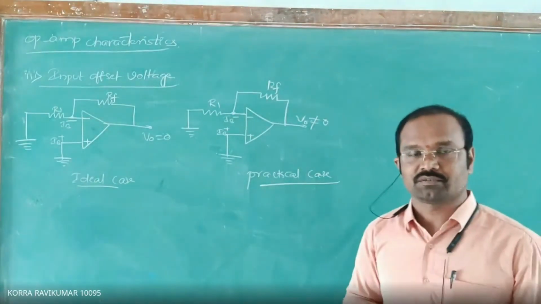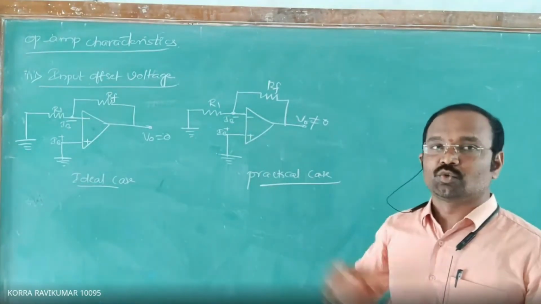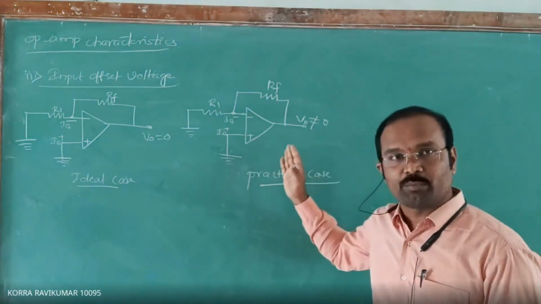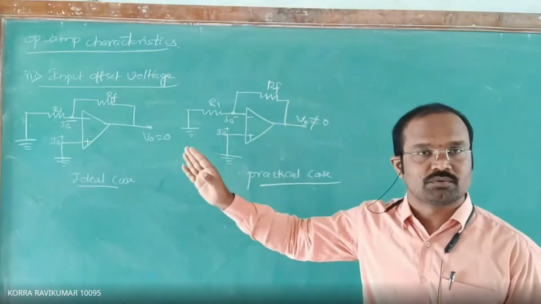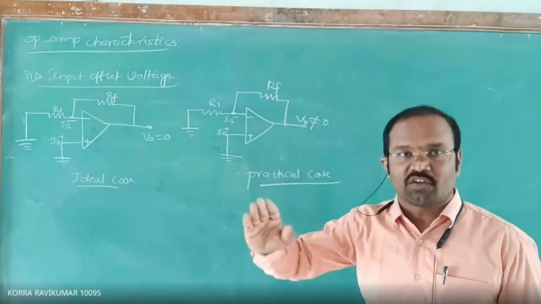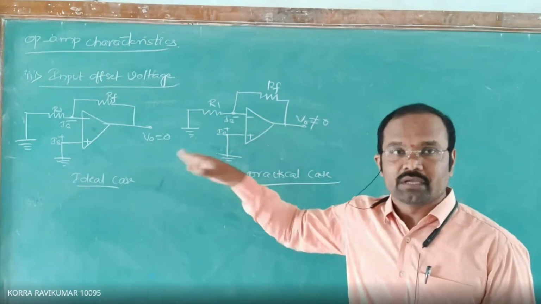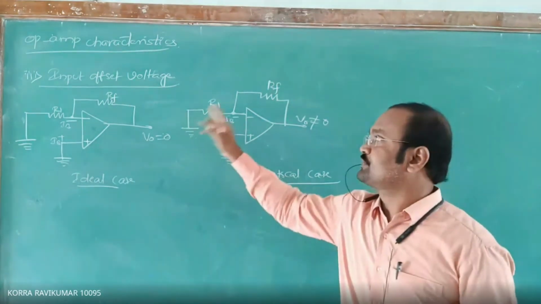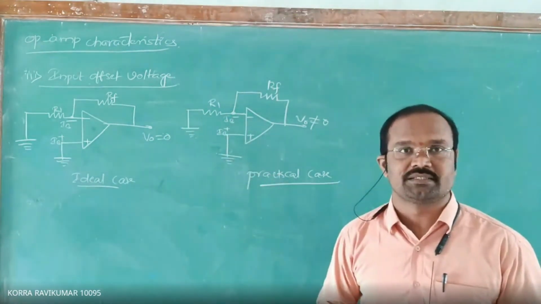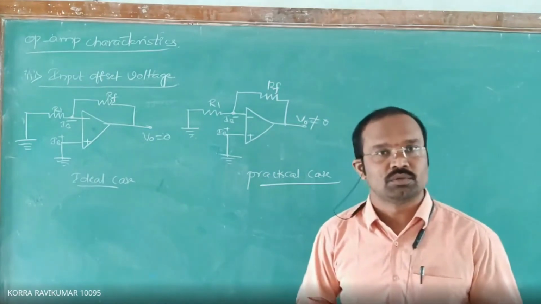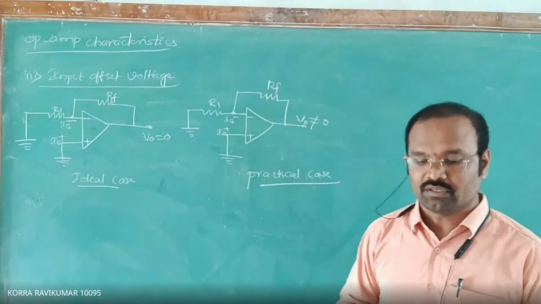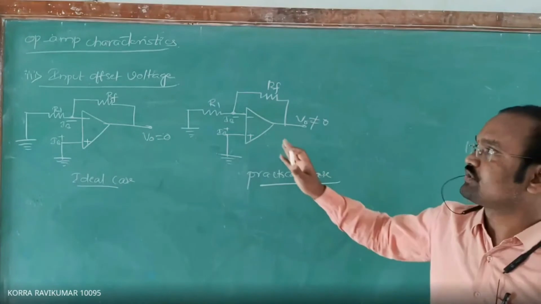Are you getting my point? The process of applying the differential voltage at the input side of the op amp to make the output voltage 0 is called input offset voltage. This is the definition of input offset voltage.